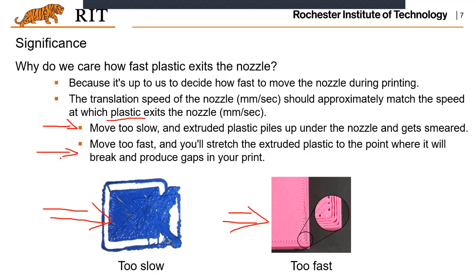So in the opposite case, if it moves too fast, that means you could miss some plastic material in some regions like the one shown here. It will break and produce gaps in the prints, which is also undesired because that will essentially make the strength of your prints not reach the requirement. So these two cases are undesirable and should be prevented.